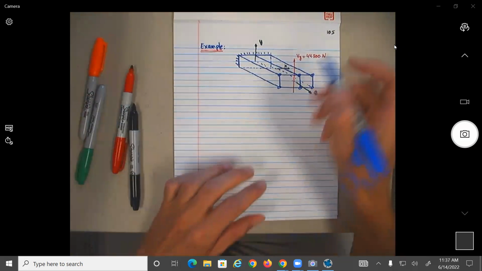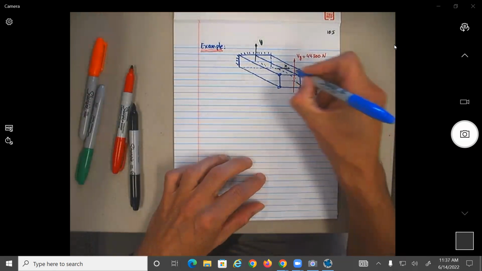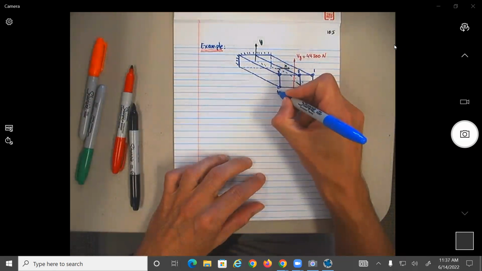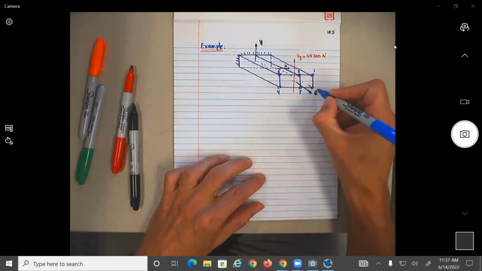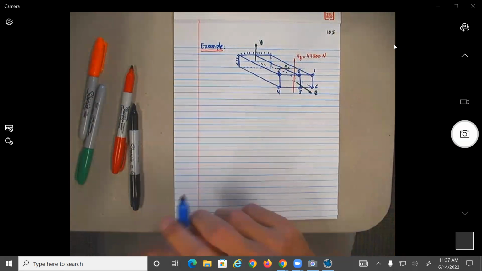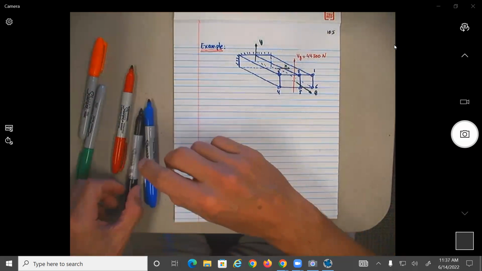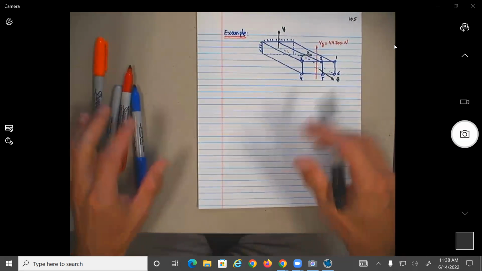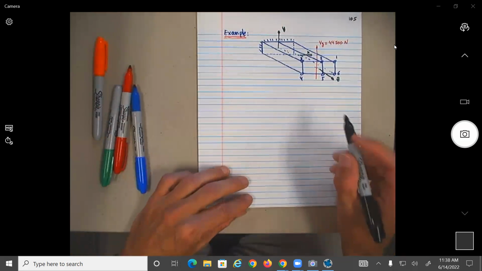Okay, and the nodes will be 1, 2, 3, 4, 5, and 6. All right. So maybe I'm going to do a little sketch. I don't want to put too much on the same figure.